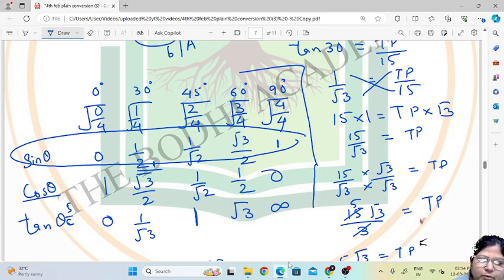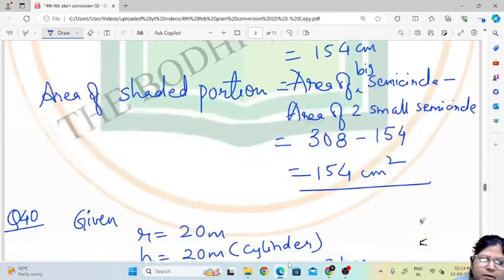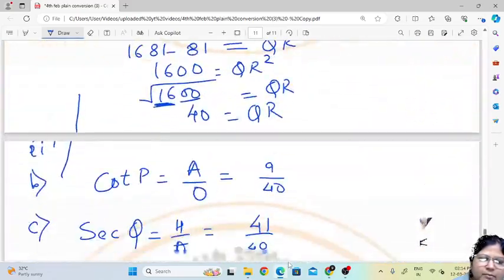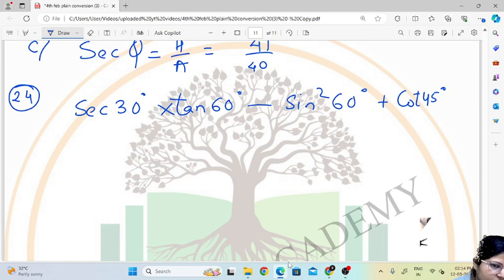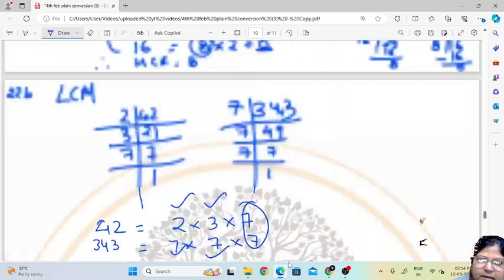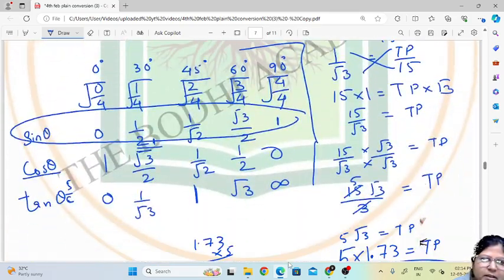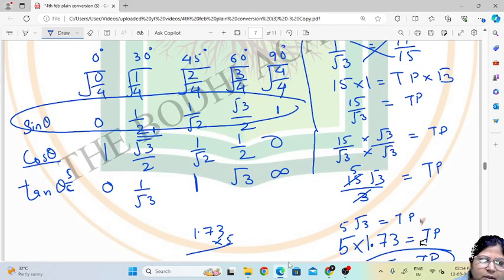So 2 upon root 3 it will be. Okay, so I'll write 2 upon root 3, whole square on the bottom. Multiplied by tan 60. Tan 60 is root 3.